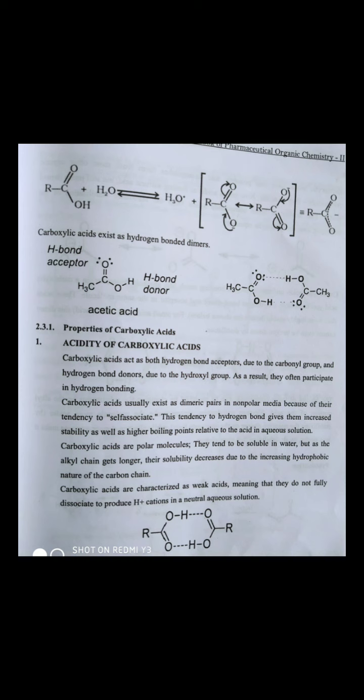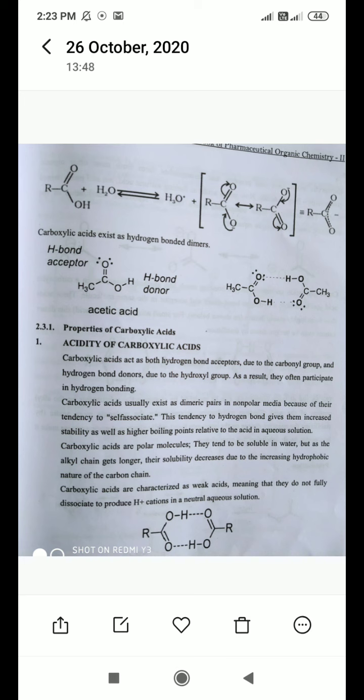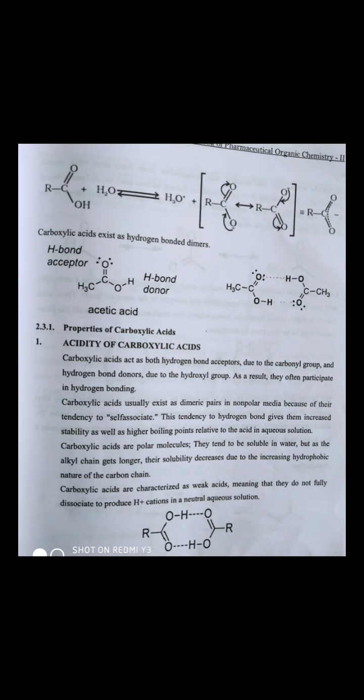The oxygen of the carbonyl group accepts the H proton, and the H plus of the hydroxyl group is released to form the hydrogen bond. With this acceptor and donor ability, the acidic functional group forms a dimer with a second acid molecule. This is all about the carboxylic acid.